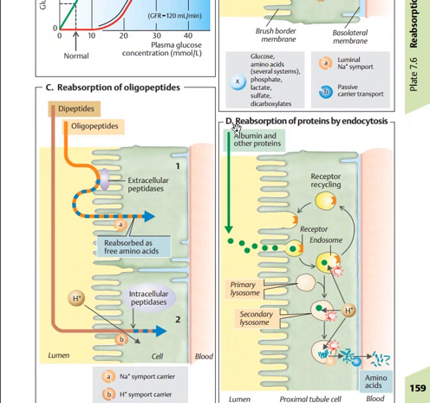So now let's visualize the reabsorption of proteins by endocytosis. If it's a complete protein, the reabsorption is going to occur by endocytosis, where you're going to have receptors on the surface. After that, they are going to bind with the primary lysosome. The receptor is going to be recycled coming up here, and the primary lysosome is going to bind with the molecules which have been reabsorbed by endocytosis.